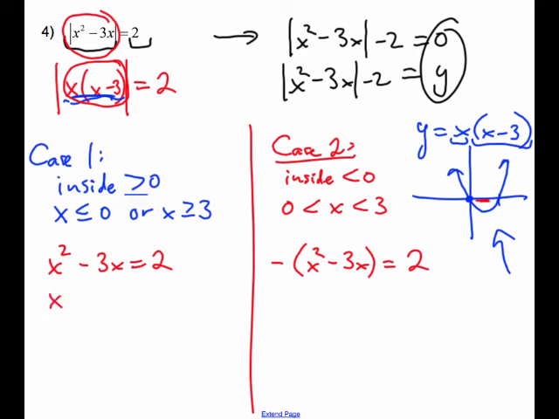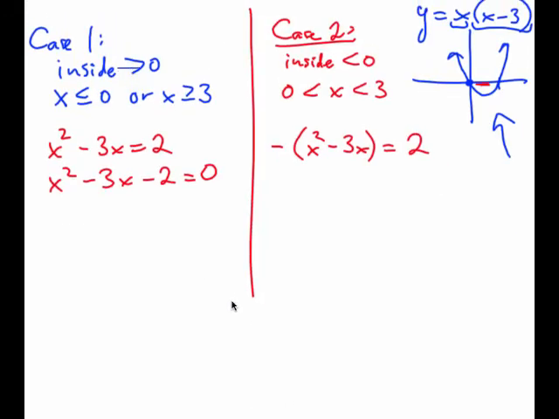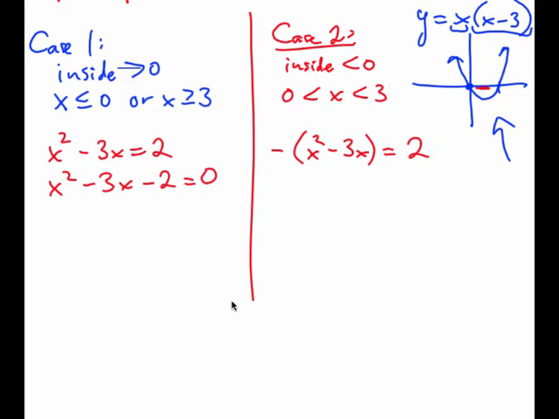So over here we can set our equation to 0, and I thought that might be an equation that would factor, but it doesn't. So it's going to involve the quadratic formula.